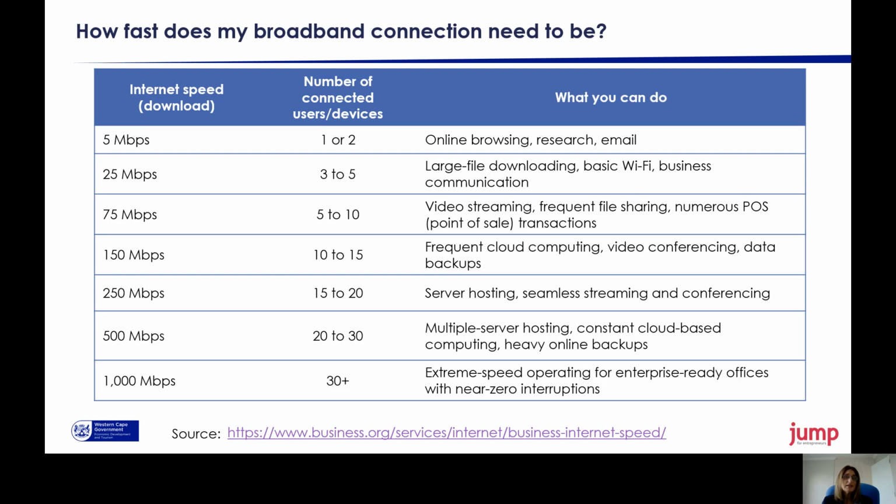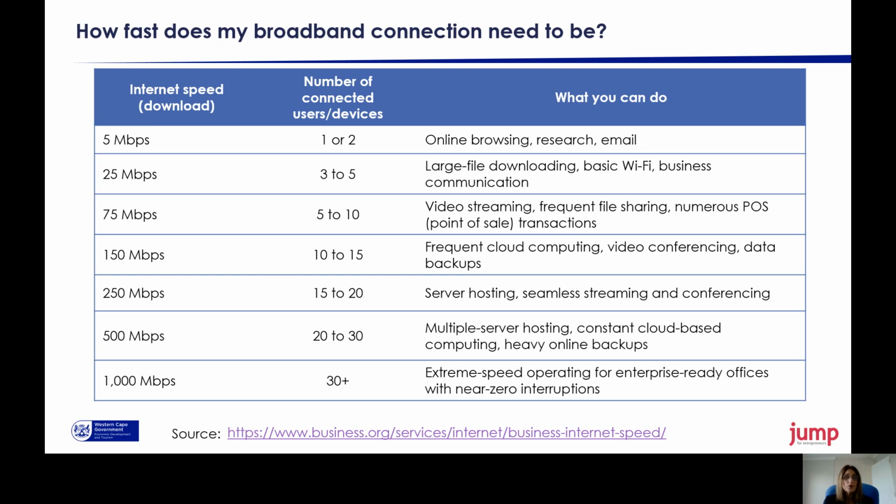All right, we did speak about speed earlier, but just to add to that, consider the number of people that need to link up and be connected in your business, and also the type of operations or online functions that you're going to be performing.